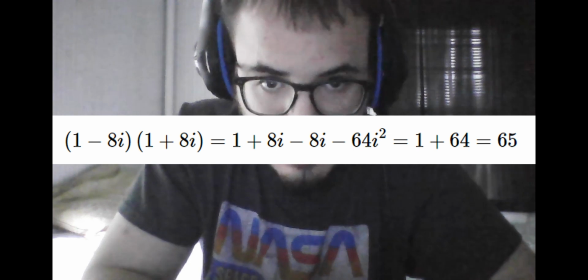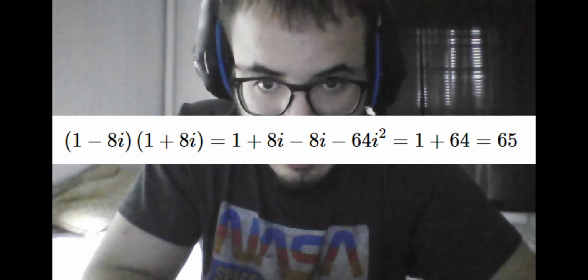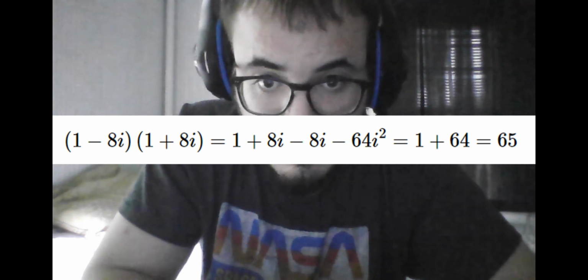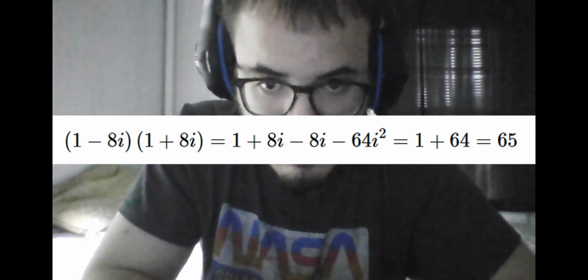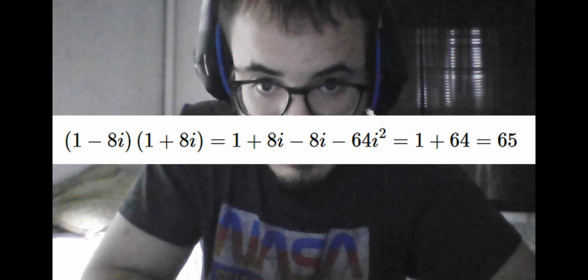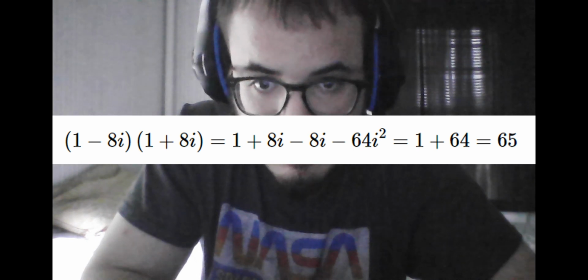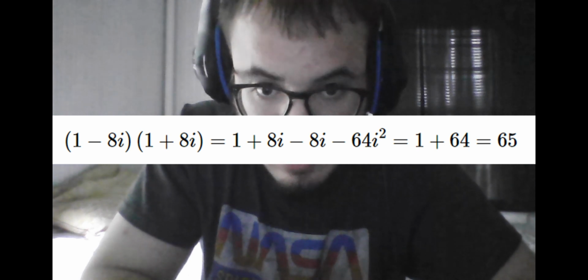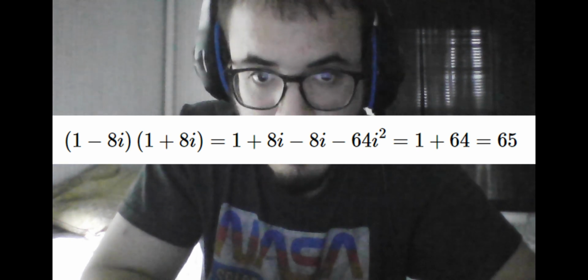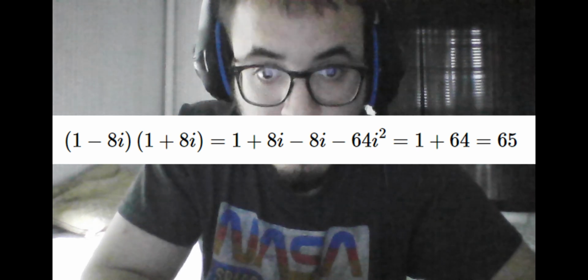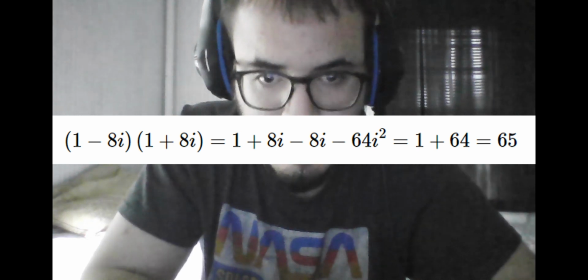We distribute as usual, and it becomes 1 plus 8 times i, minus 8 times i, minus 64 times i squared. Negative 64 times negative 1 is positive 64. 8 times i and negative 8 times i cancel each other out. We conclude 1 plus 64 equals 65, with no imaginary part.